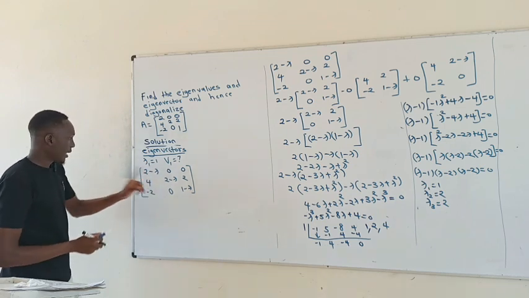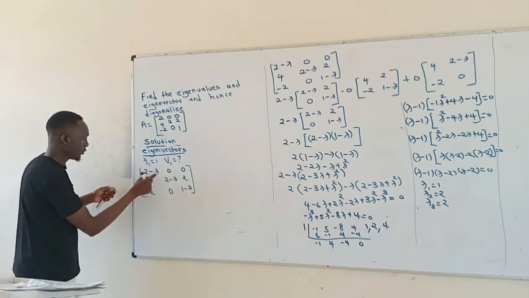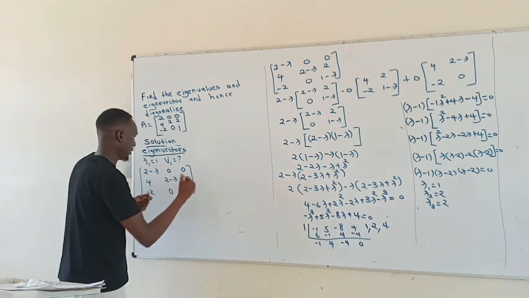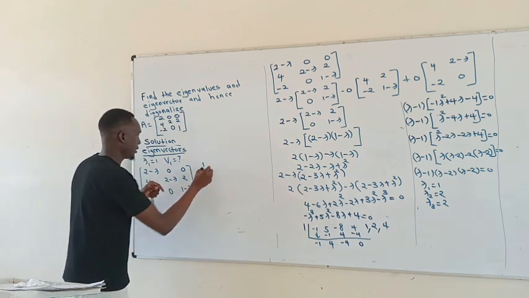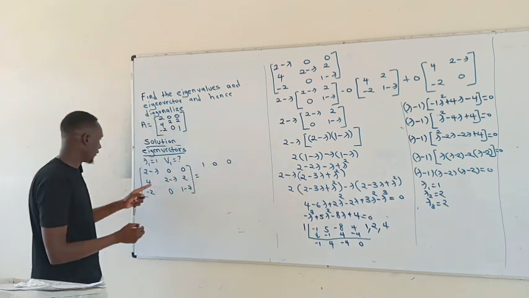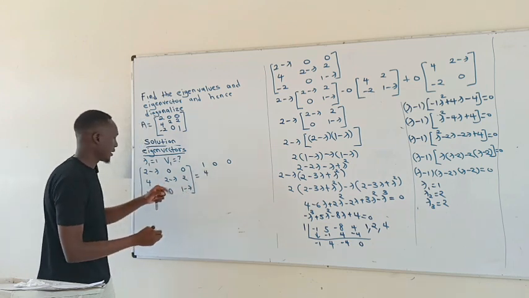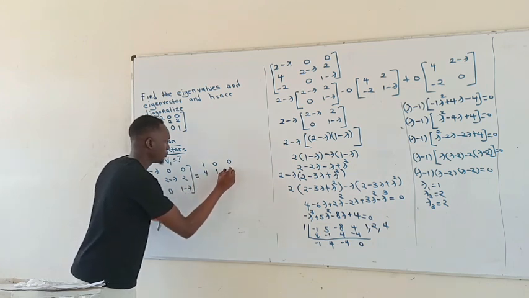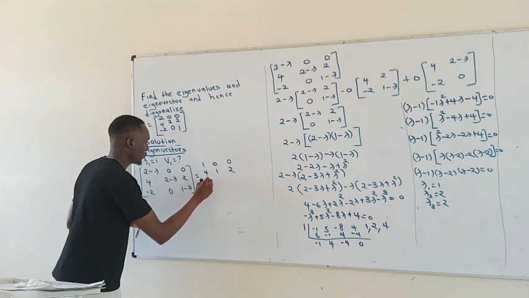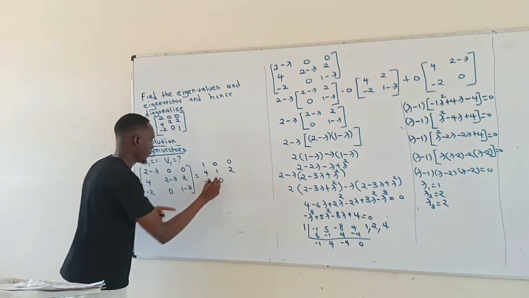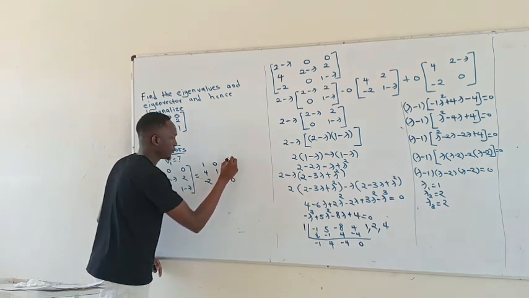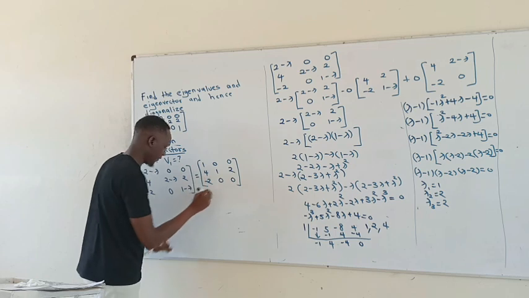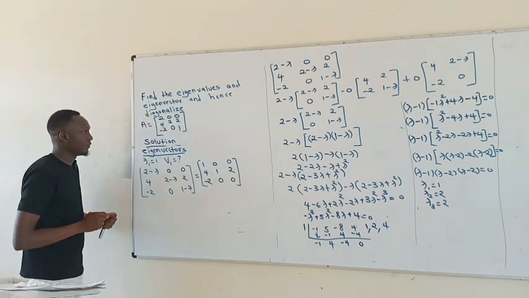Now our lambda is 1. So 2 minus 1 is 1, 0, 0, 4, 2 minus 1 is 1, 2, negative 2, 0, 1 minus 1 is 0.